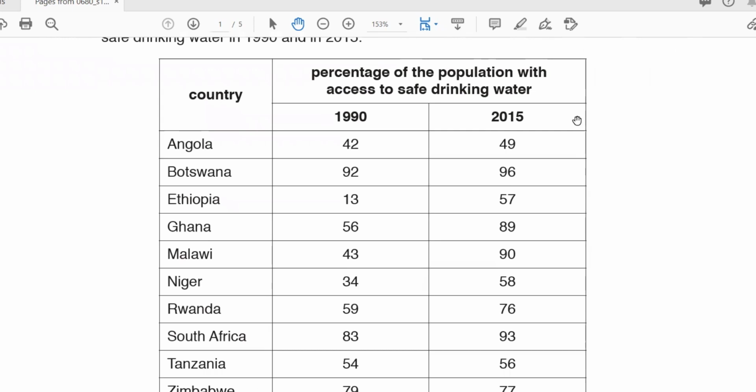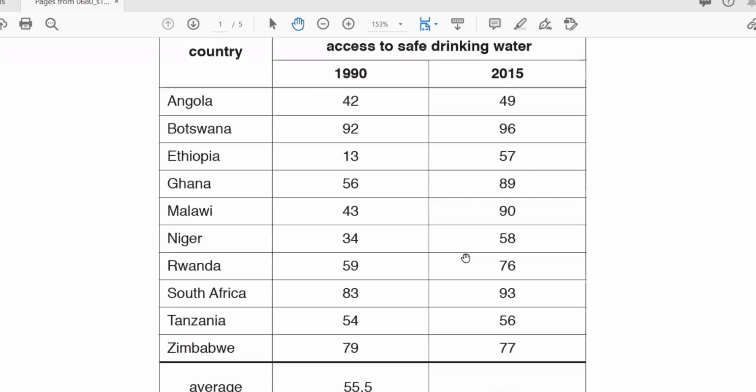So this is a comparison of the 10 countries. For example, in 1990 Angola had only 42% of people with access to safe drinking water, but in 2015 it became 49%. It means there is an increase in the supply of safe drinking water to the people.